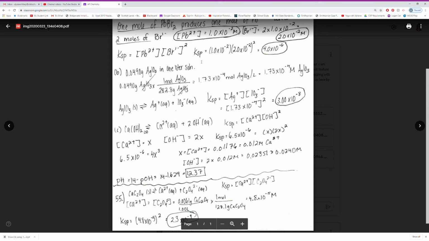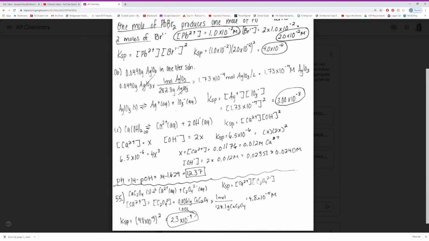Hopefully you would tell me that we need to get to moles of the silver iodate. So I divide by the molar mass, and I get 1.73 times 10 to the negative 4th moles of silver iodate per liter. Because we're just in a single liter solution, that's what solubility is measuring.